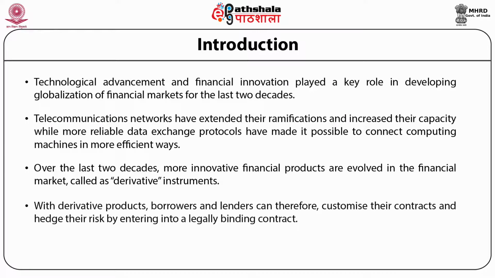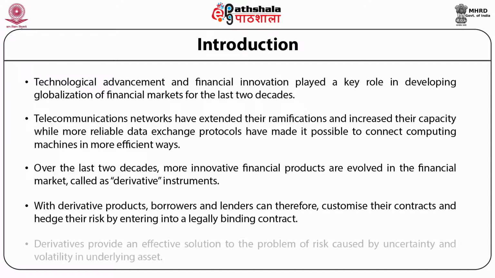With derivative products, borrowers and lenders can customize their contracts and hedge their risk by entering into a legally binding contract. Derivatives provide an effective solution to the problem of risk caused by uncertainty and volatility in the underlying asset.